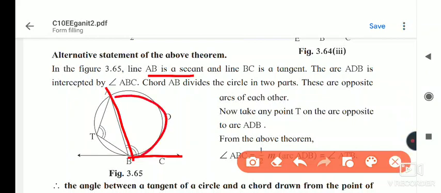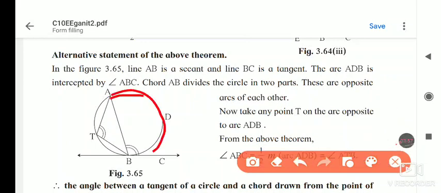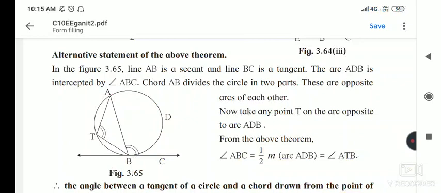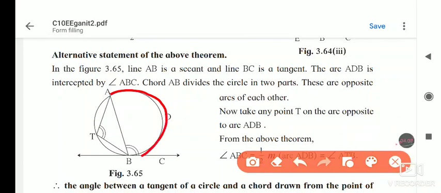You will notice that this arc ADB is intercepted by angle ABC.